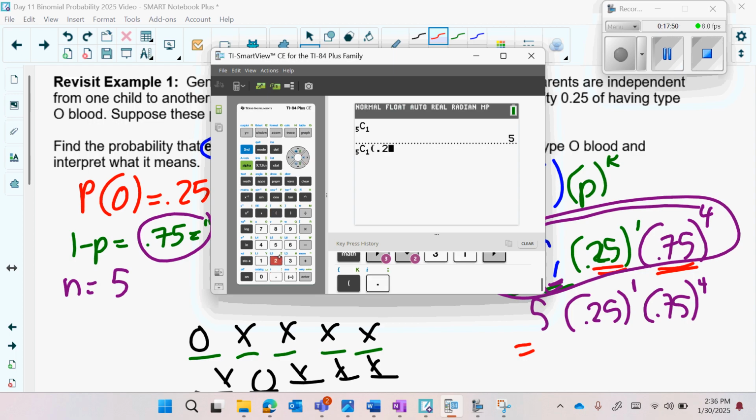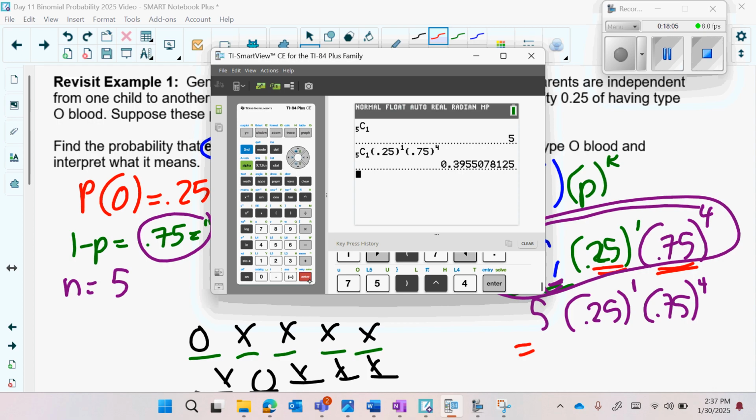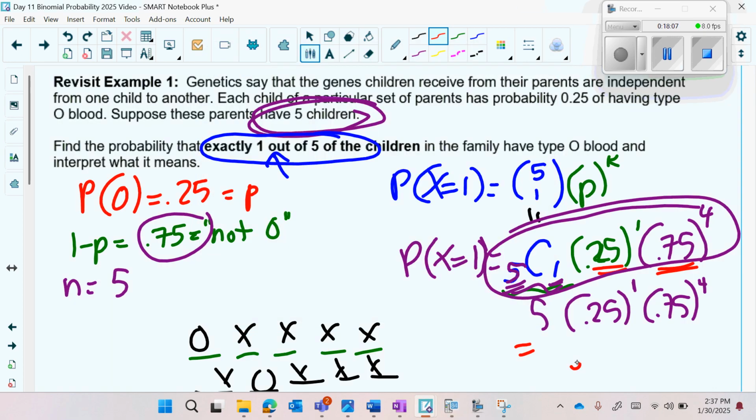Probability of success, 0.25 to the 1, and then parentheses, 0.75, and how many do we want of those? We want 4. So when you do this out, you're going to get your probability, and I got 0.3955. So write that down. That means the probability of having one of your 5 kids having type O blood is about 39.55%.